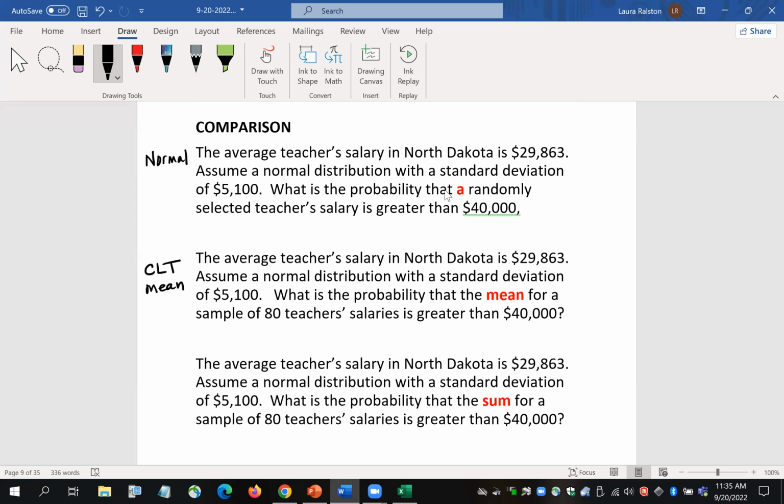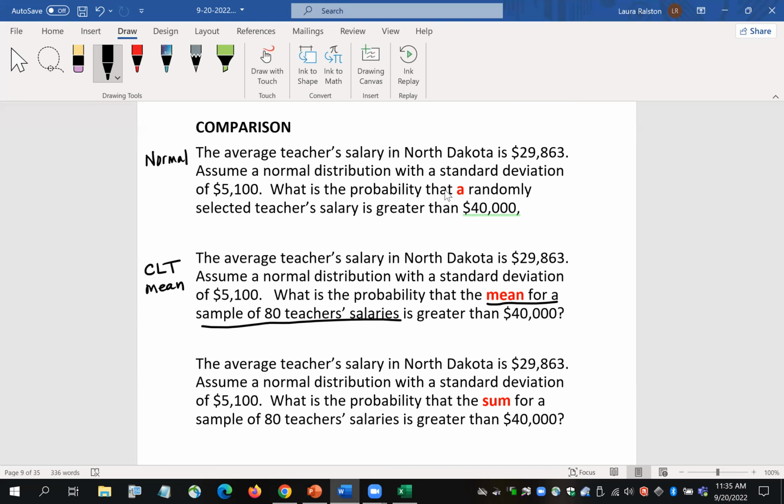Same thing, average teacher salary in North Dakota is $29,863. We can assume a normal distribution and still apply the central limit theorem. So it tells us to go ahead and assume that it's normal with a standard deviation of 5,100. What is the probability that the mean for a sample of 80 teachers' salaries is greater than 40,000? So you see two differences.